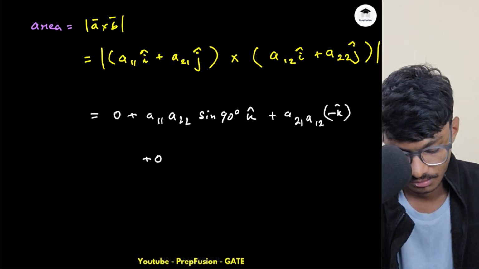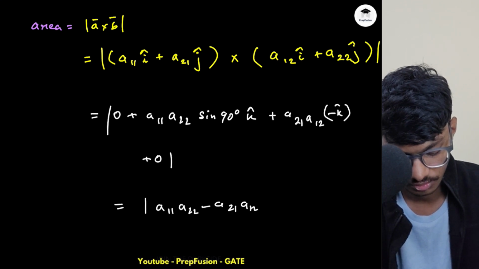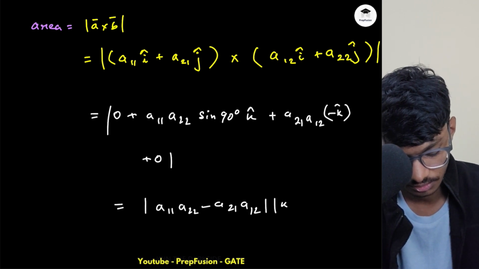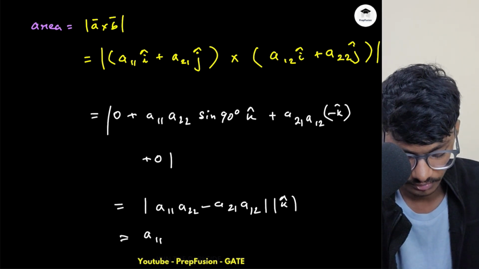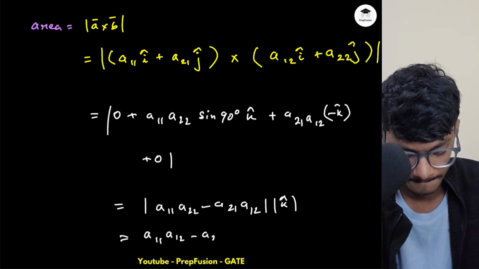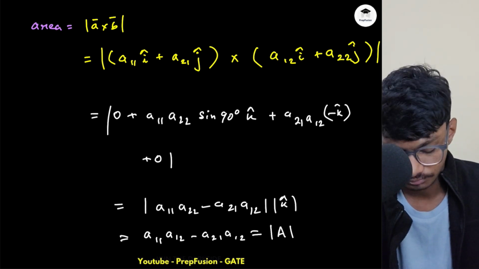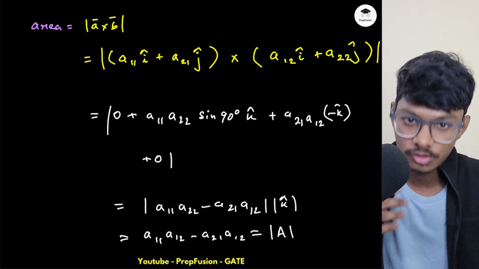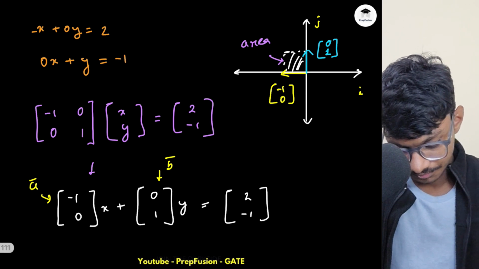We are only interested in the magnitude, so this will be the magnitude of, taking K common, A11 A22 minus A21 A12 times K cap. The magnitude of K cap is obviously 1. So the answer will be A11 A22 minus A21 A12, which is the determinant of A. So basically in 2D, the determinant represents the area.